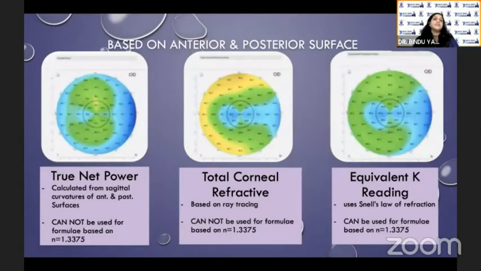Then the corneal power values, which are based on the anterior and the posterior surface, are the newest forms of corneal parameters that we are taking into consideration. Why is EKR better? Because it measures the anterior and the posterior corneal surface independent of each other, and it takes into consideration both the refractive indices of air to cornea and cornea to aqueous.